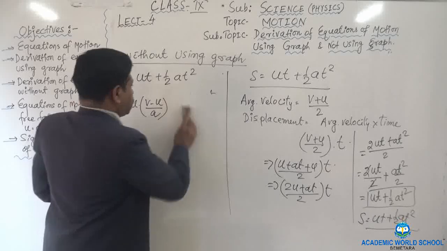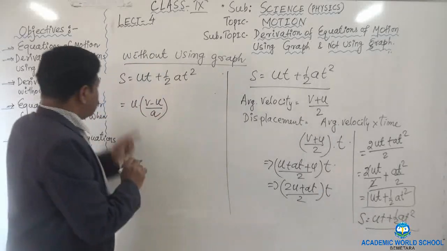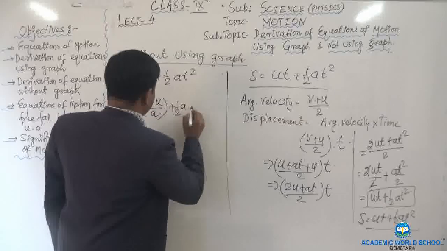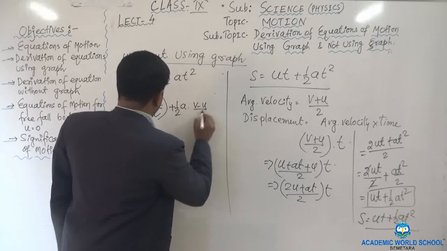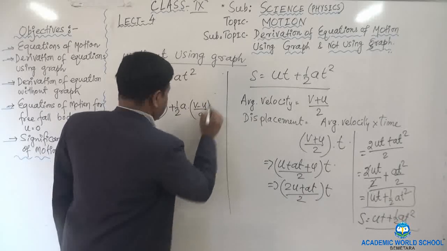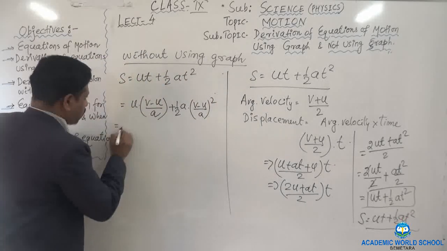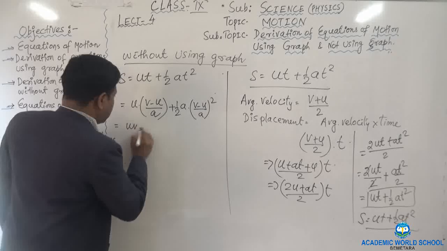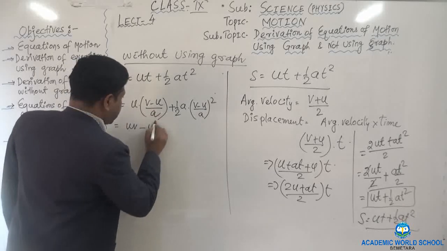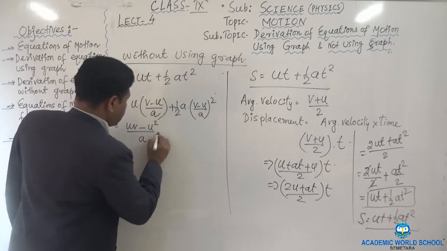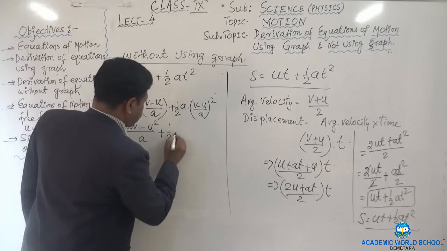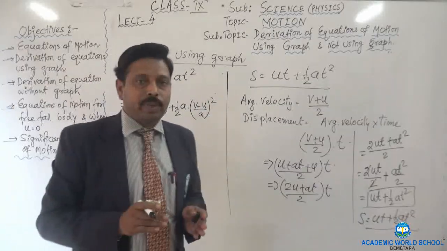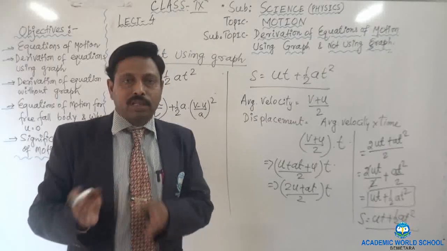So this value I have put here in place of t. Right? So ut plus half at square, half into a, t square, t means (v minus u) upon a whole square. So now I have to expand it. You multiply u into v, uv minus u square upon a, plus half into a (v minus u) whole square. Square of a minus b is a square plus b square minus 2ab.